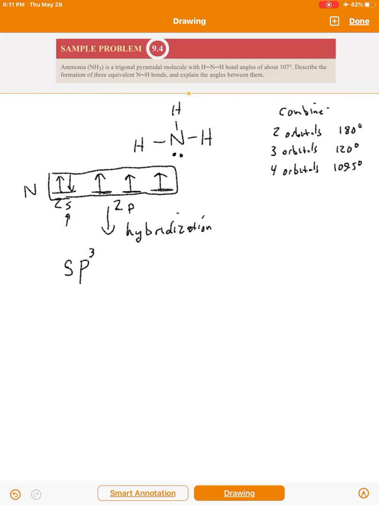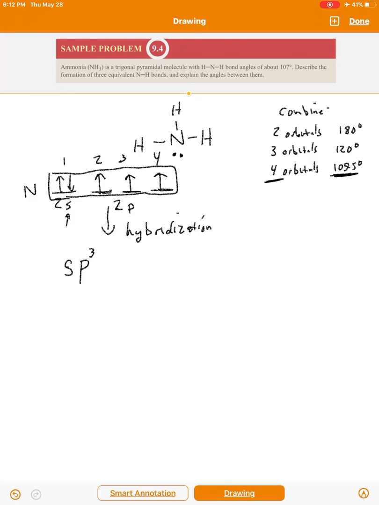You name the types of orbitals that are being hybridized or added together, combined if you want to use that term. And then you indicate how many of them are getting combined. Now s is always going to be just s, because there's never more than one s in a given shell. But for the p's, you can have up to 3. For the d's, you can have up to 5, right? In this case, it's 3. And again, the logic is, if you get 107, that's close to 109.5, so it must be 4 orbitals. So that means all 4 of these orbitals are mixing.